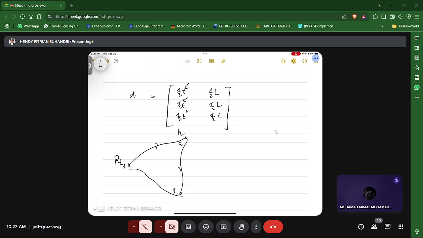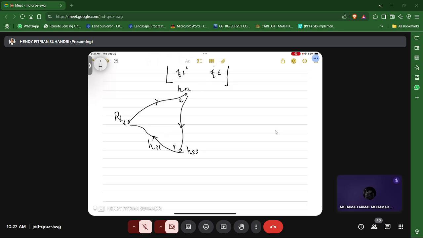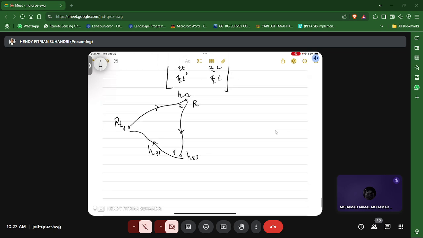So we have in the direction of our leveling measurement like this, h12, h23, and here h31. Okay. So the question: what is the reduced level at point 2 and the reduced level at point 3?